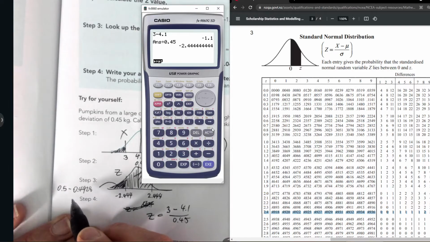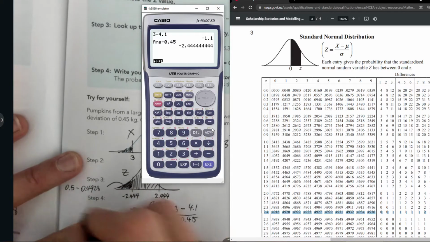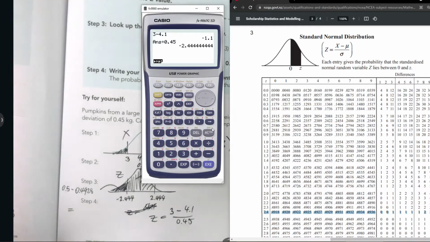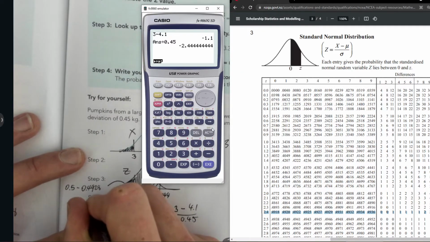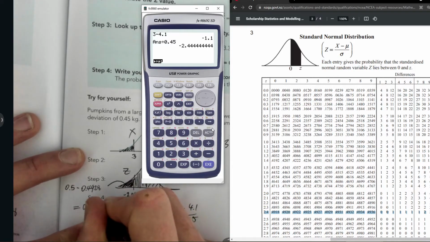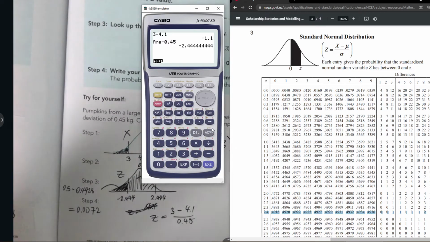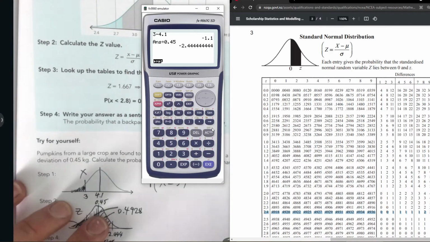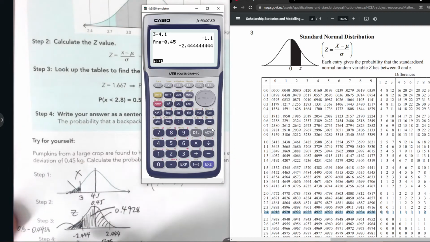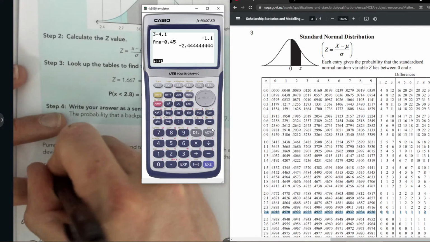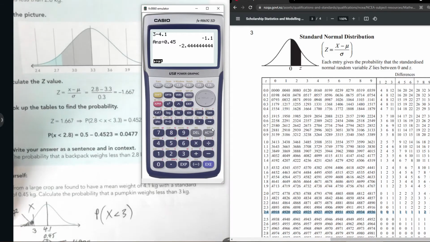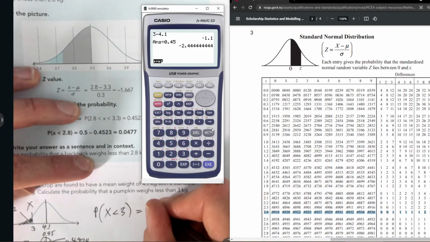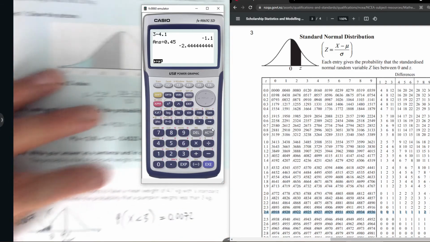So 0.5 minus 0.4928 is going to get us 0.0072. Let's just say I had a calculator here. That means this probability here, the one above, is 0.0072, and that's the answer. Cool.